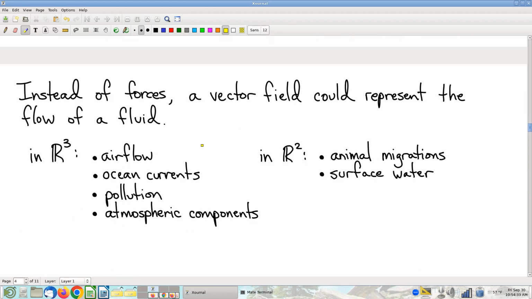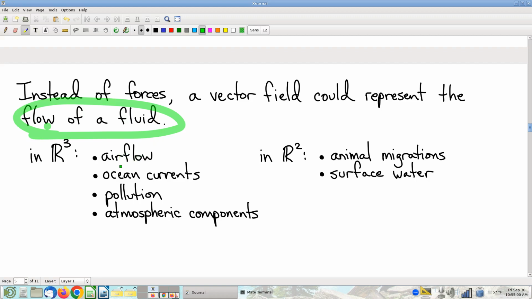Okay. So we've already talked about a couple of real-world examples, manifestations of these things. We talked about forces, gravitational forces, electric forces. And I also kind of mentioned that it could also represent the flow of a fluid, and there's lots of fluids that flow. We can talk about how air is flowing in this room, perhaps, or in a hurricane.